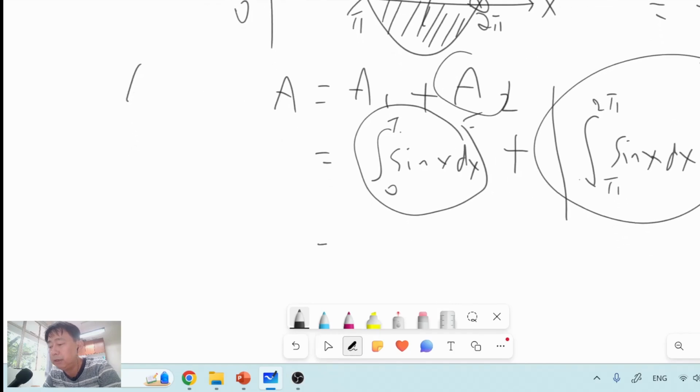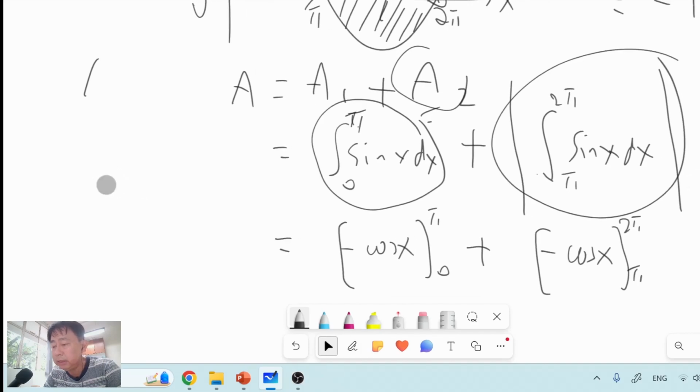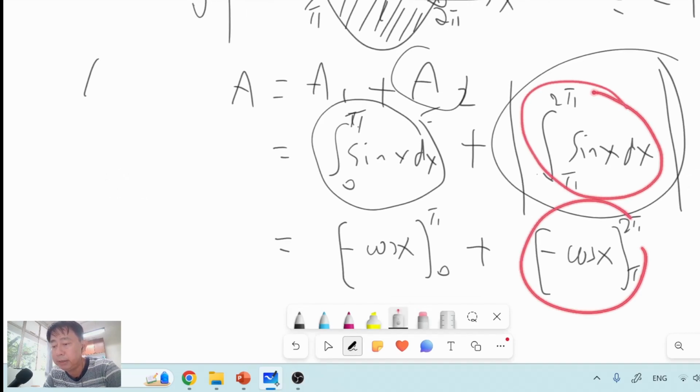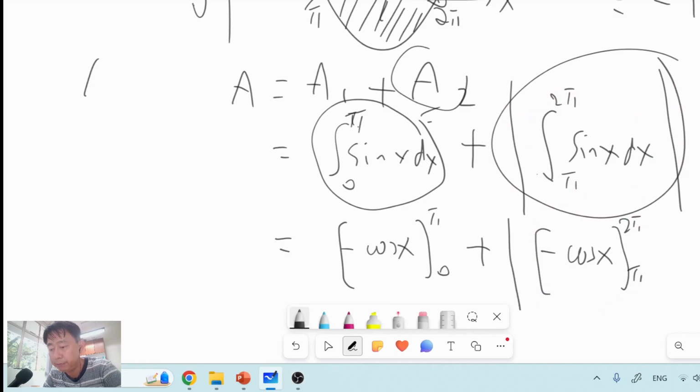So you can then calculate this quite easily. This would be the negative of cos x calculated between pi and 0, plus the integration of the antiderivative evaluated at 2 pi and pi. Okay, this will give you the value of the integration, but don't forget about the absolute value outside.